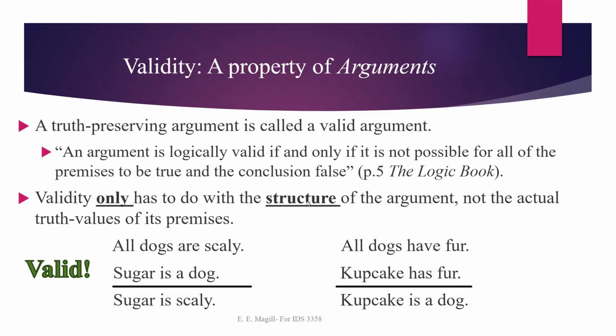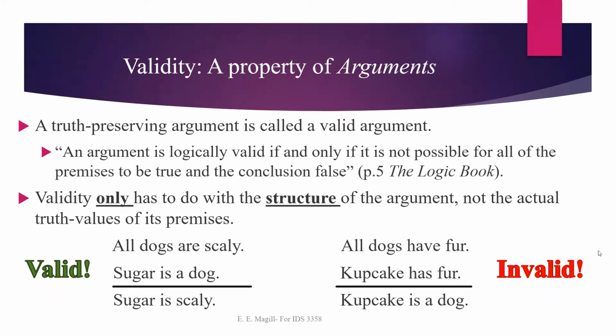Now let's take a look at the second example. The two premises are all dogs have fur and Cupcake has fur. Pretend that both of these premises are true. Is it possible that the conclusion that Cupcake is a dog could be false? Is it possible? And yes, of course, it could be false, right? Cupcake could be a cat or a bear, even if it is true that all dogs have fur and Cupcake also has fur.